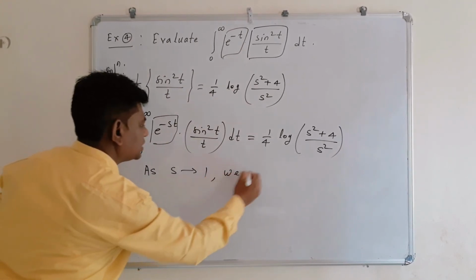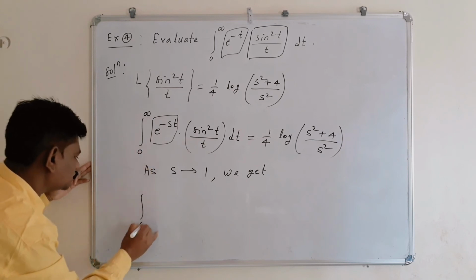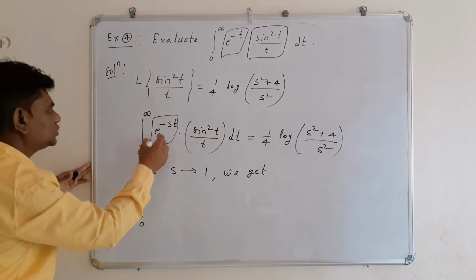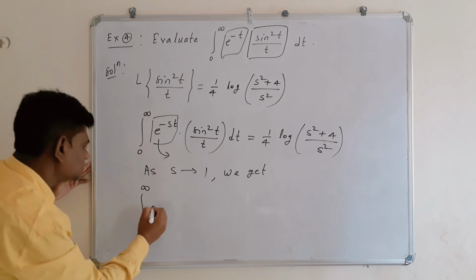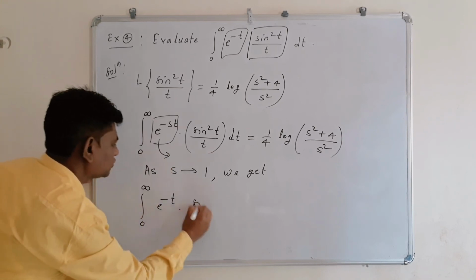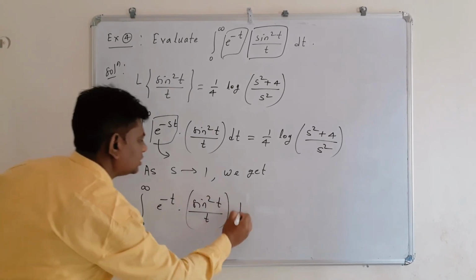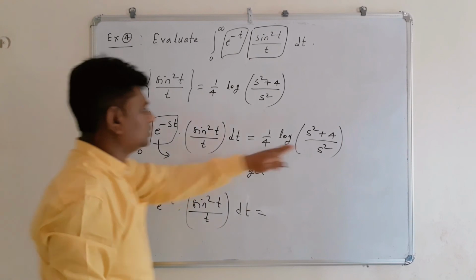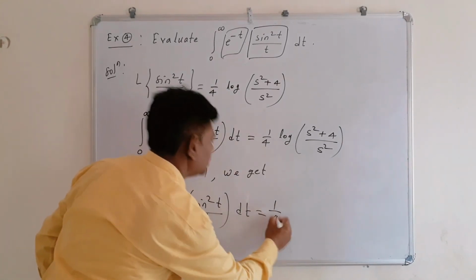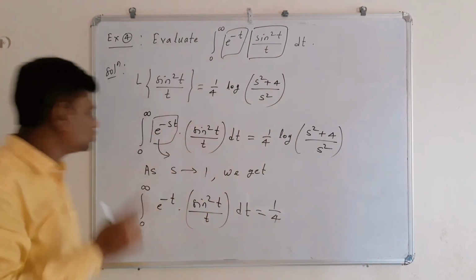Therefore the integral from 0 to infinity of e to the power minus t sin square t upon t dt is equal to 1 by 4 log of (s square plus 4) upon s square at s equal to 1.